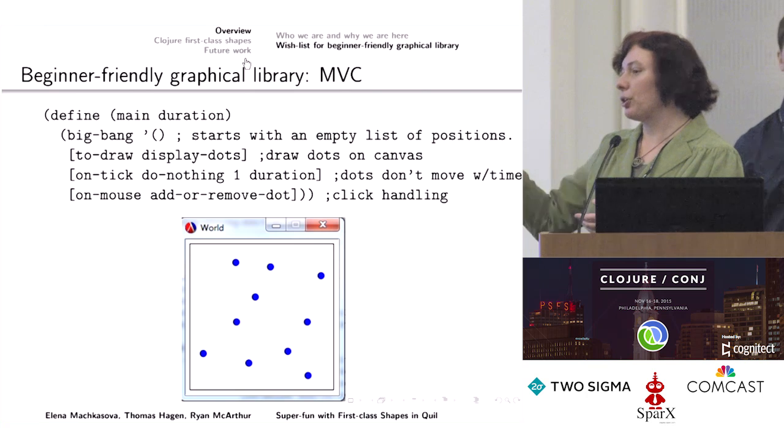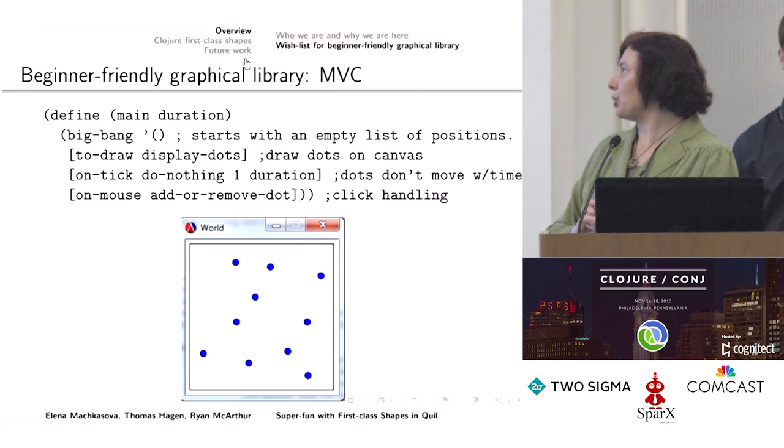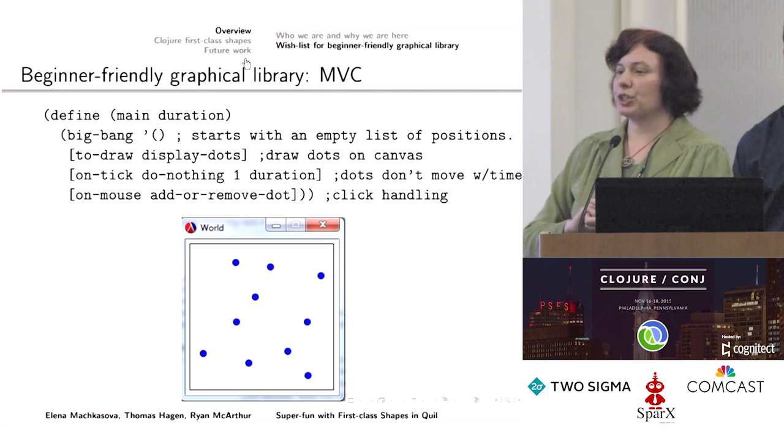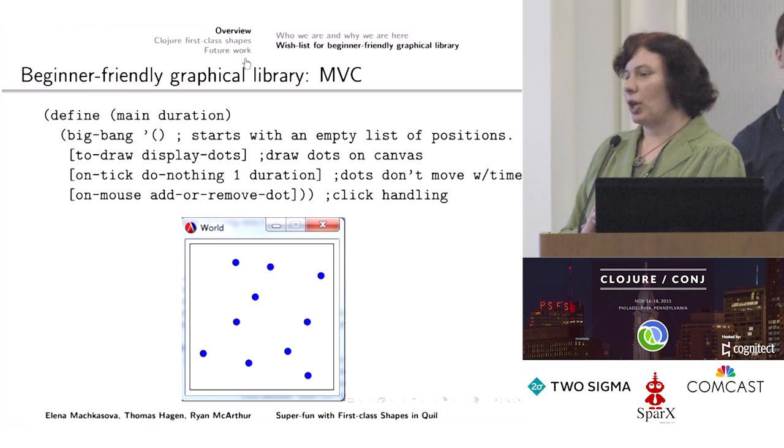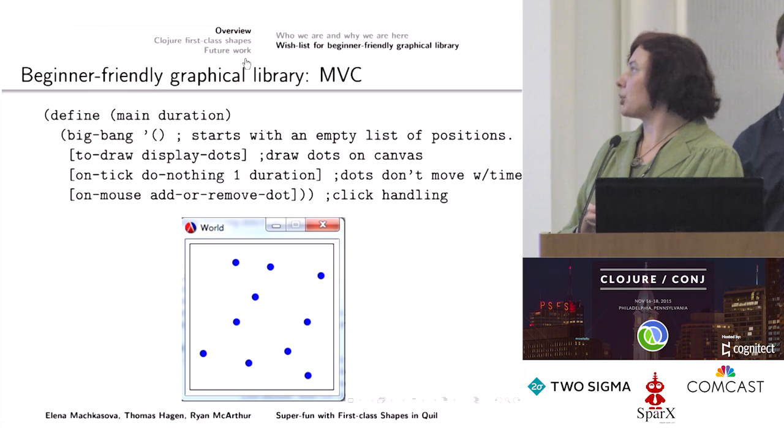And if you click in a position that has a dot already, the dot will disappear. If there is no dot there, it will appear. So a very simple example, one of the first ones that we do with this sort of thing in the Racket class. So the world state here is a list of positions of the dots, the centers of the dots, starts off empty.